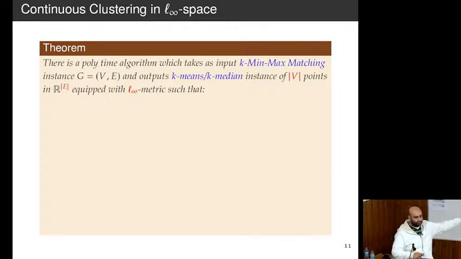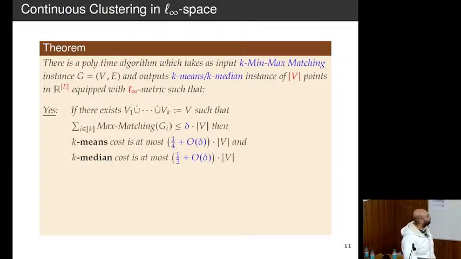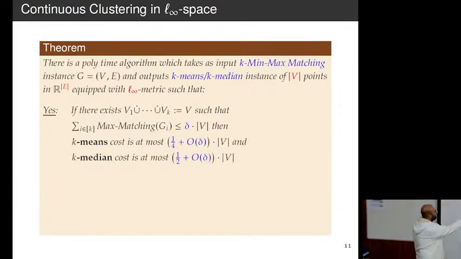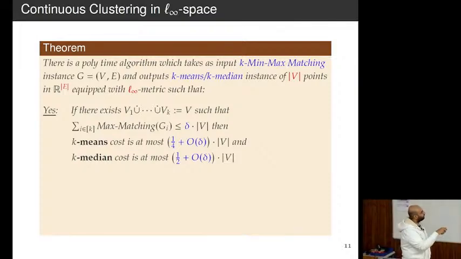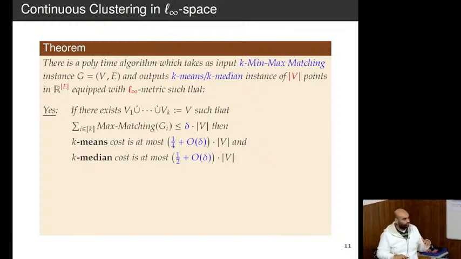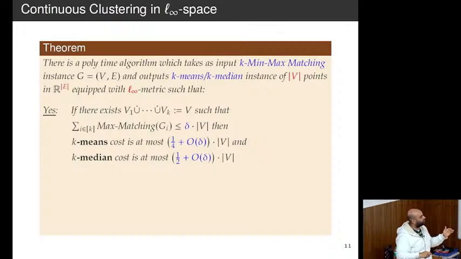I'm going to provide the reduction such that if the max matching sum is at most delta times V, then the k-means cost is 1/4 plus some order of delta. So I really think of delta as going to 0. So then basically the k-means cost is approaching 1/4 when you normalize, and the k-median cost is approaching half in the yes case.